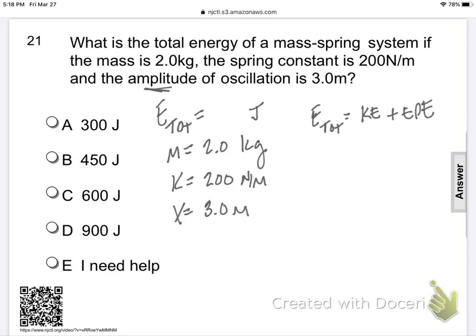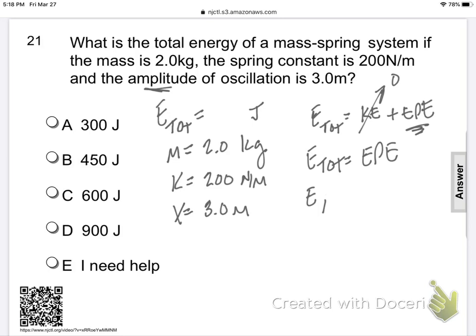When it stretches that spring as far as it possibly can, it has a tremendous EPE, right? That spring wants to snap back as badly as it can, so there's a tremendous force. But the velocity is 0 at that point, which means it has no kinetic energy. So the total energy of this system is literally all EPE.